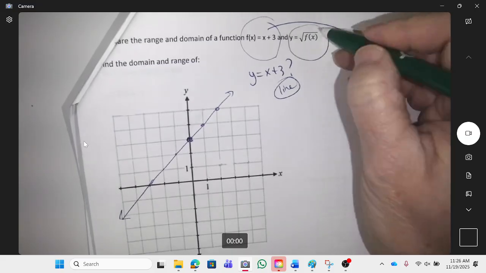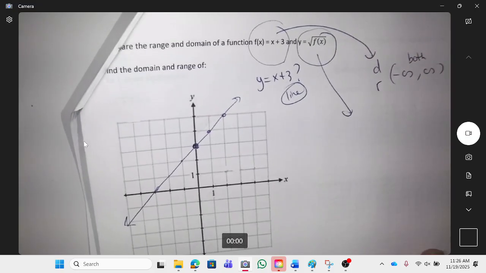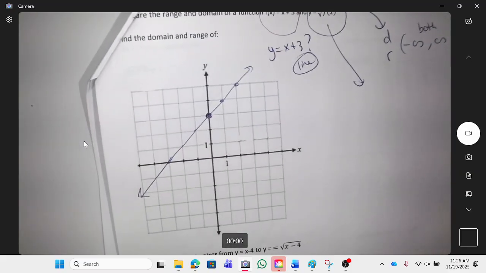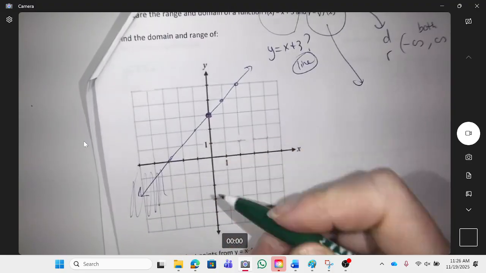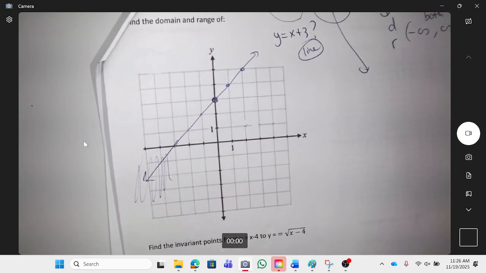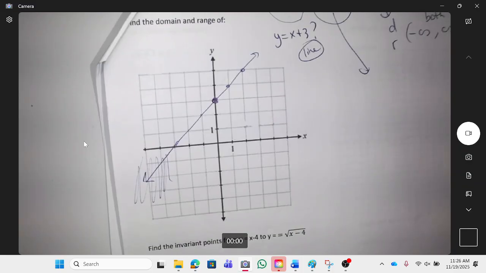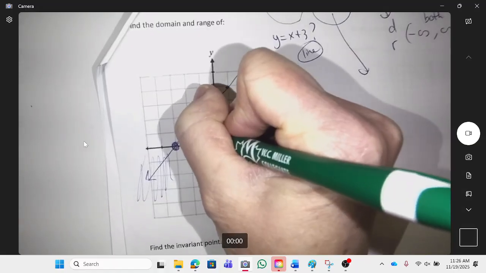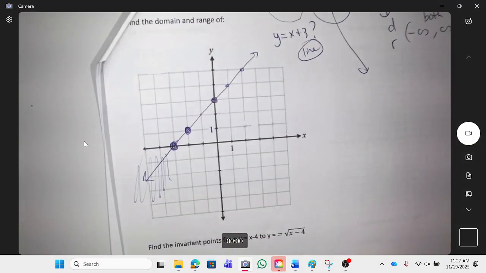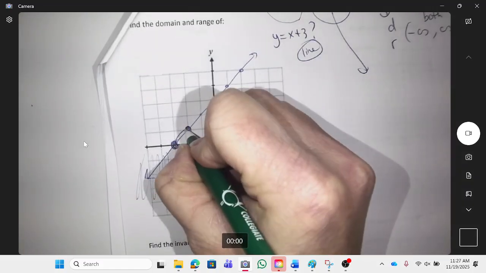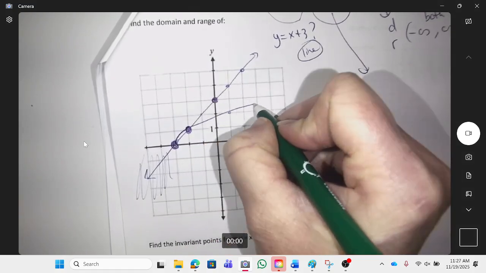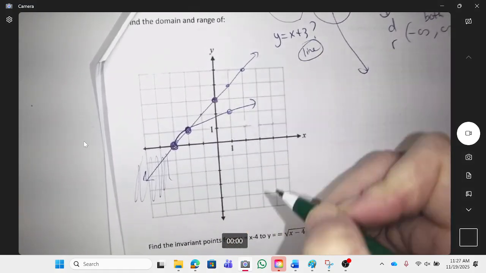Okay, now, what if I square root that function? Okay, what are we doing here? Well, now we're chopping off that part, so that's going to affect our domain and our range. Above those heights, below those heights.